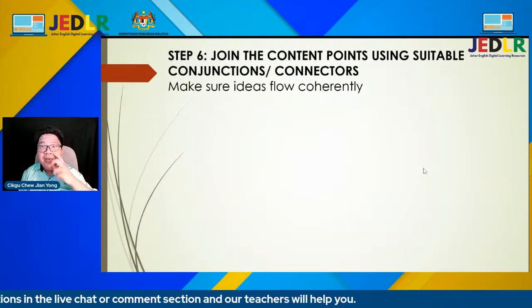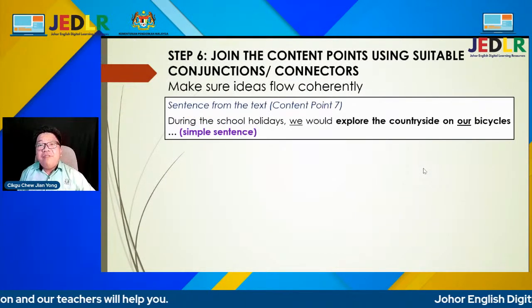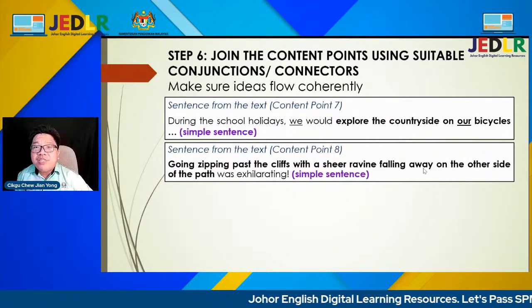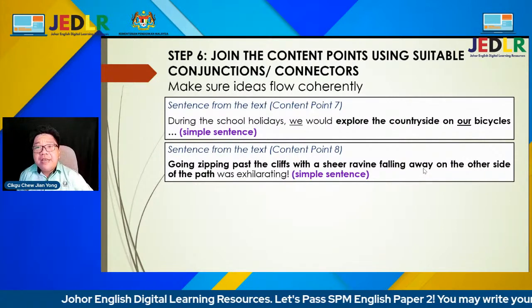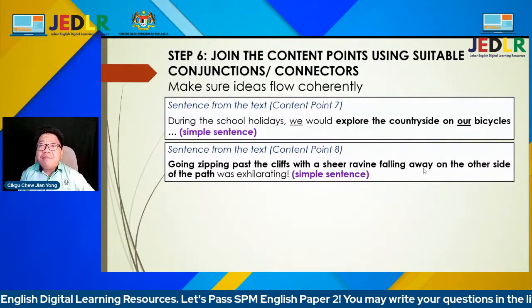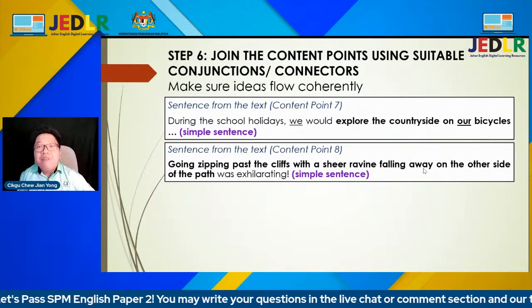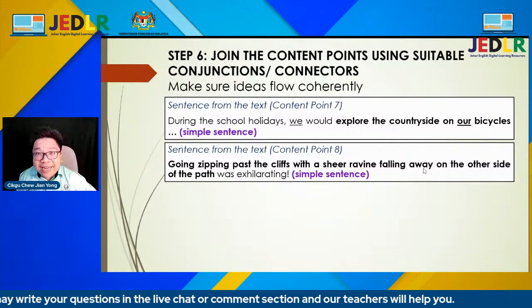Another example here. Okay, we have content point 7 from the text 2, okay, and content point 8. During the school holidays, we would explore the countryside on our bicycle. This is also a simple sentence. Content point 8, going zipping past the cliffs with a sheer ravine falling away on the other side of the path was exhilarating. This is also another simple sentence. So how to join them?